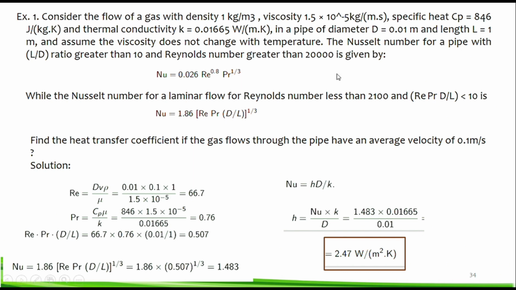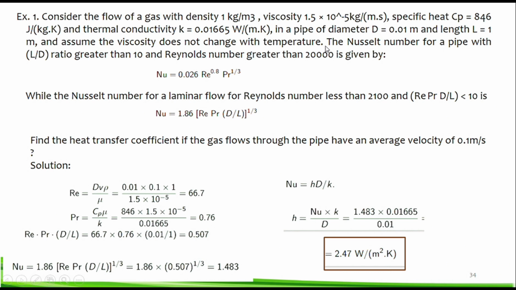Consider the flow of a gas with a density of 1 kg per cubic meter, a viscosity of 1.5 times 10 raised to negative 5 kg per meter second, a specific heat of 846 joules per kilogram degree Kelvin, and a thermal conductivity of 0.01665 watts per meter degree Kelvin in a pipe of diameter 0.01 meter and a length of 1 meter. Assume the viscosity does not change with temperature.